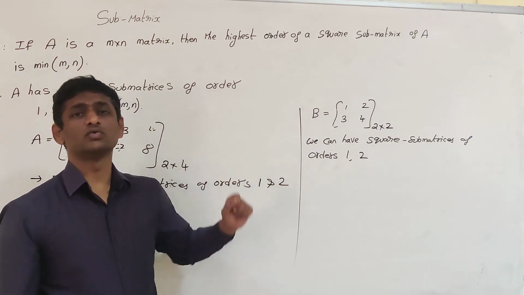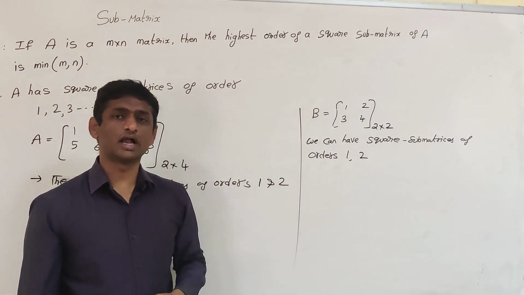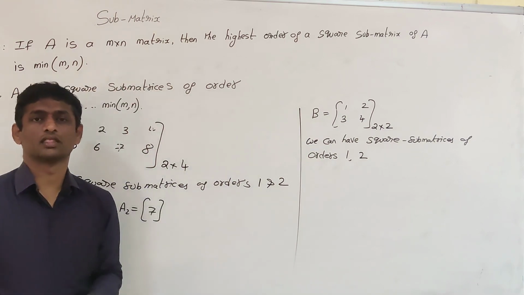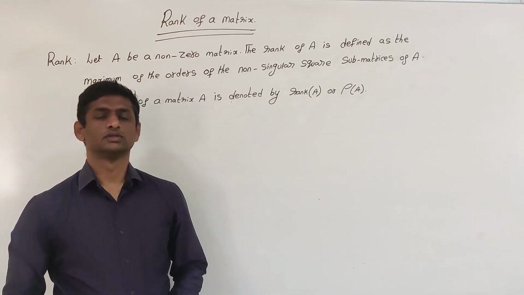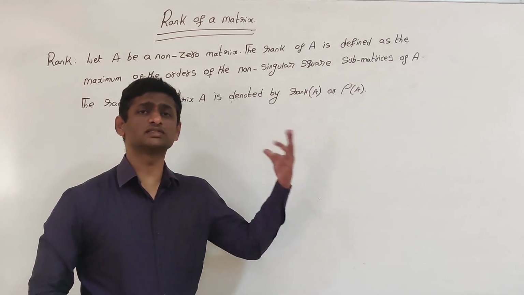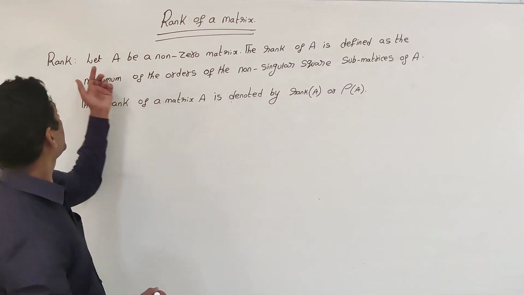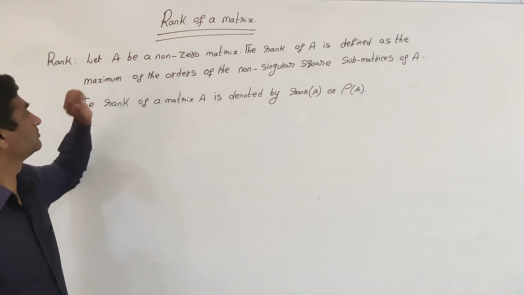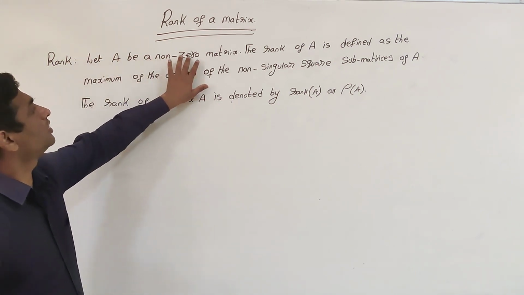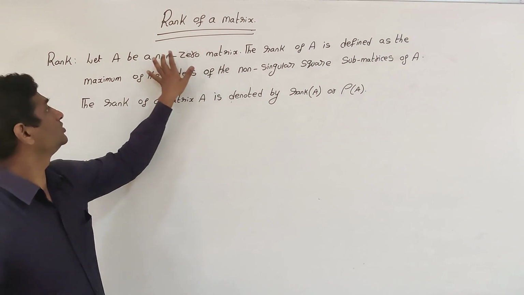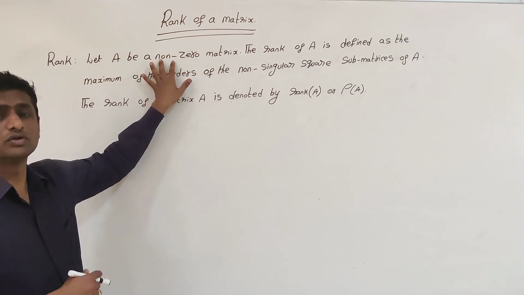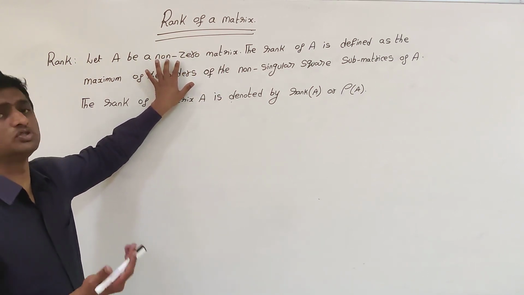So based on the square submatrices, now we'll see what the rank of a matrix is. Let's see the definition. Let A be a non-zero matrix, that is, any matrix except the zero matrix.